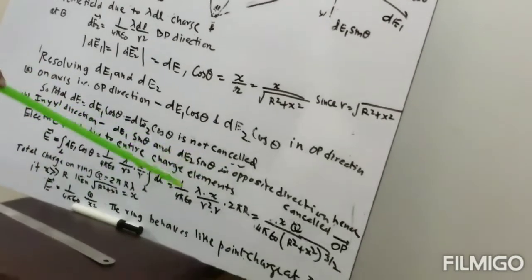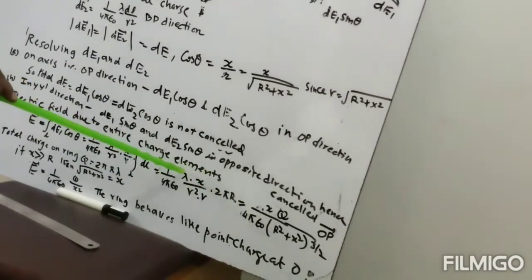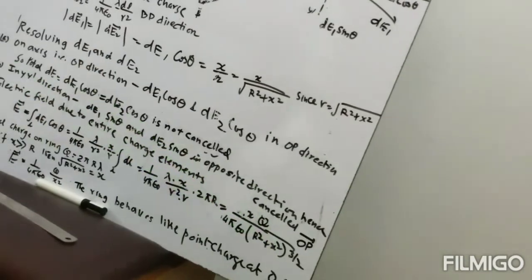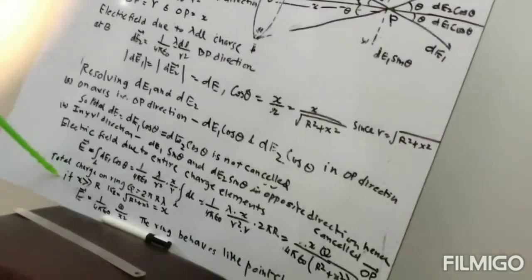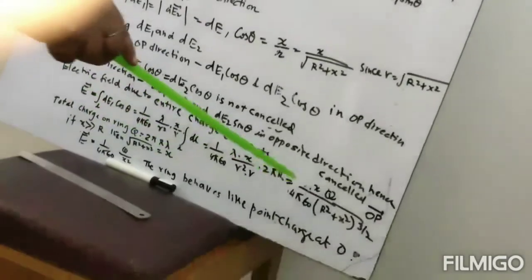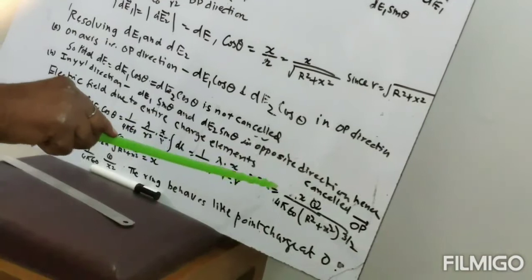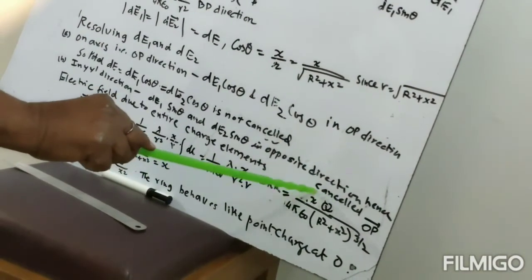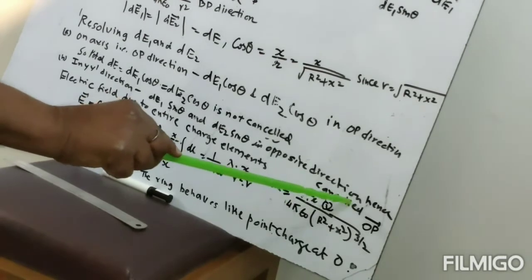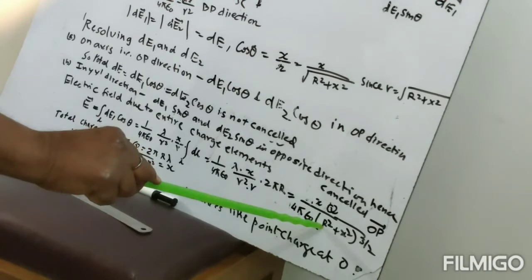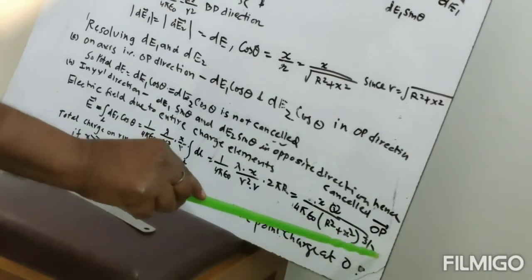Since 2 pi R multiplied by lambda is the total charge Q on the ring, the total electric field will be equal to 1 by 4 pi epsilon 0 times x times Q divided by capital R square plus x square, whole power 3 by 2.